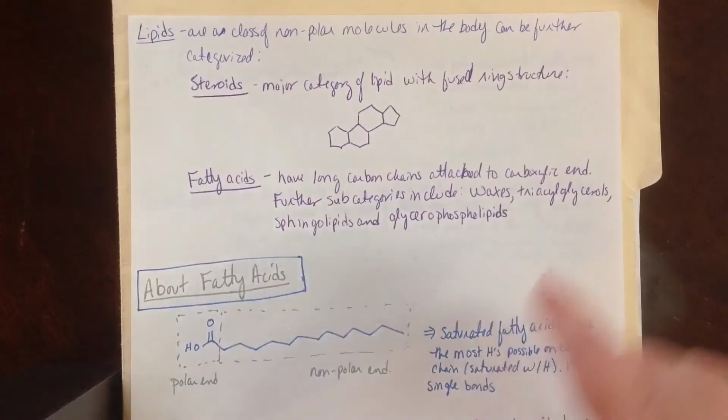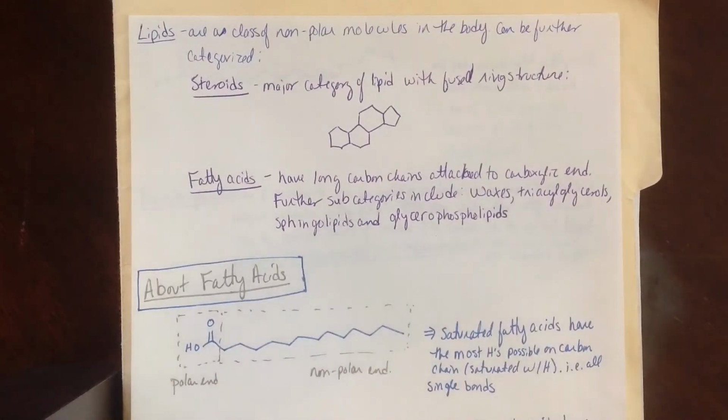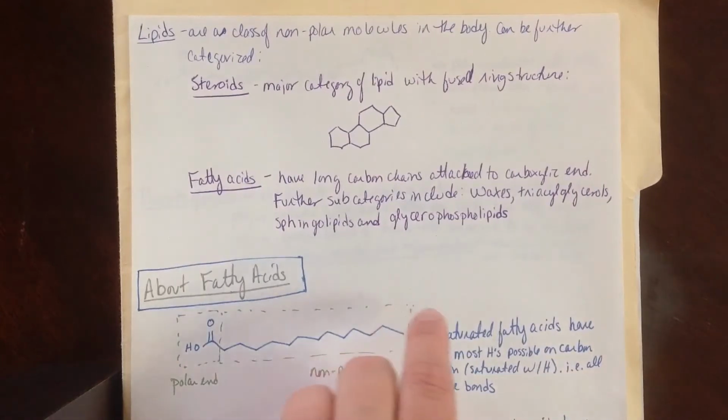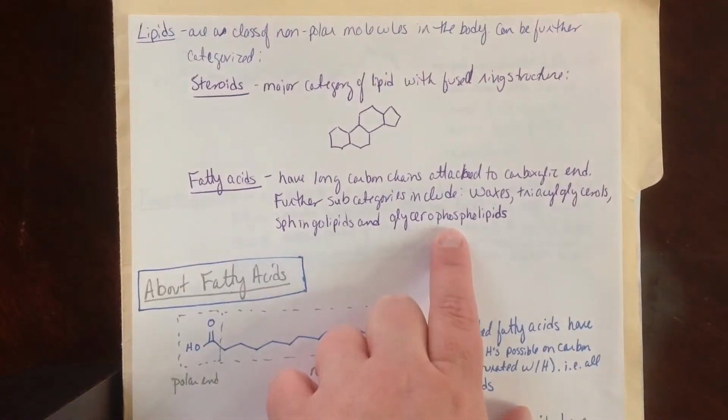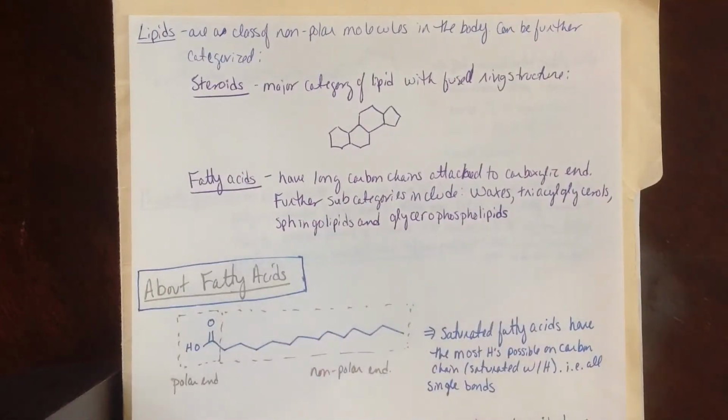Triacylglycerols is one of the biggest areas of the lipid or fatty acid category, and this is how we sort of store our fat. So that's sort of what you think of when you think of triacylglycerols. Then we have things like glycerol phospholipids, and that's something that we're going to talk about in a little while, but that's basically going to be the backbone of your cell structure, so that's really, really important.